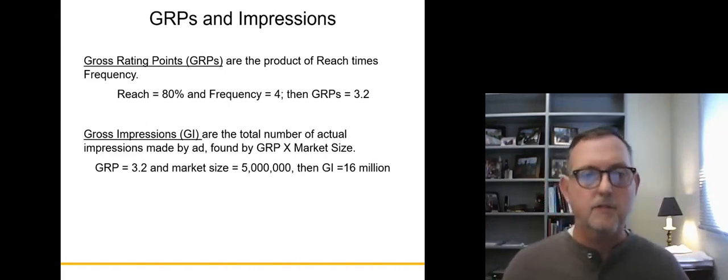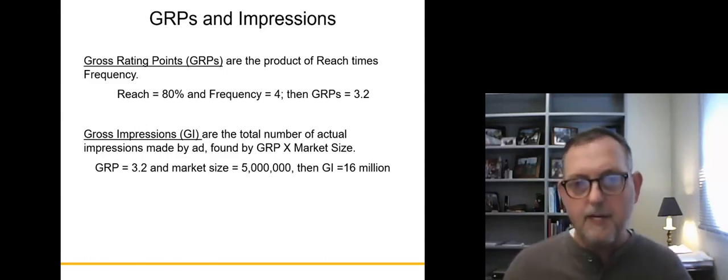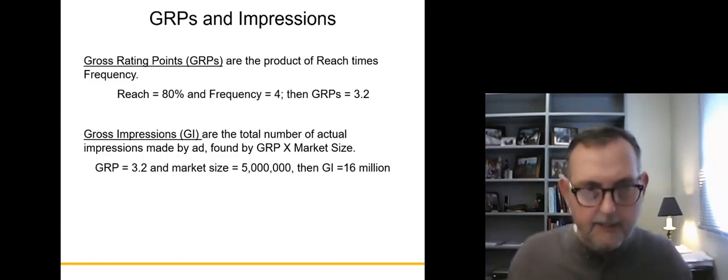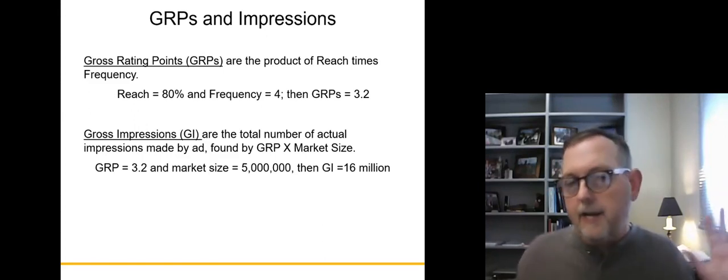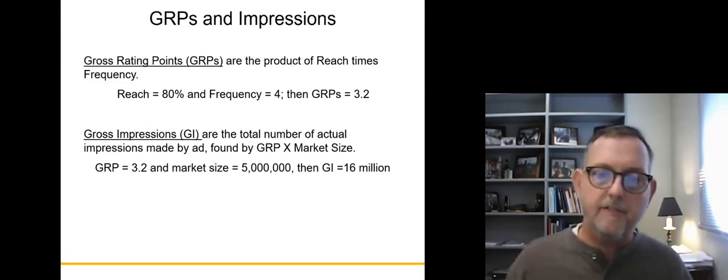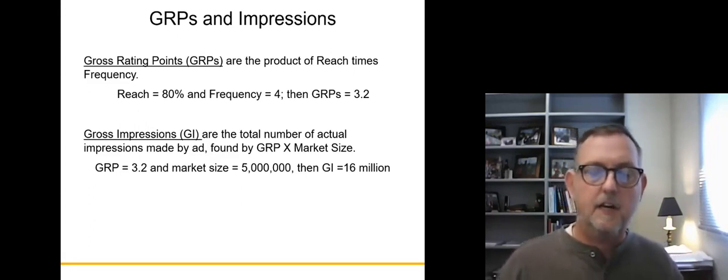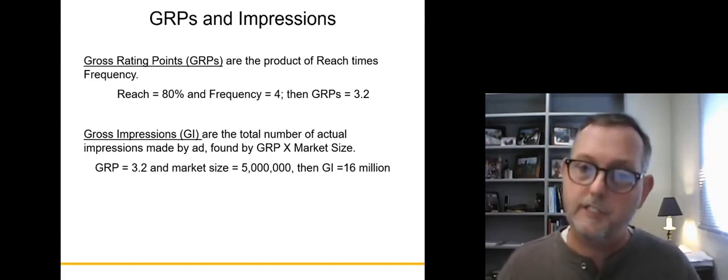So it's your GRP times total market size. In this example, we have a total market size of 5 million. The GRP is 3.2, and 3.2 times 5 gives us 16 million gross impressions.